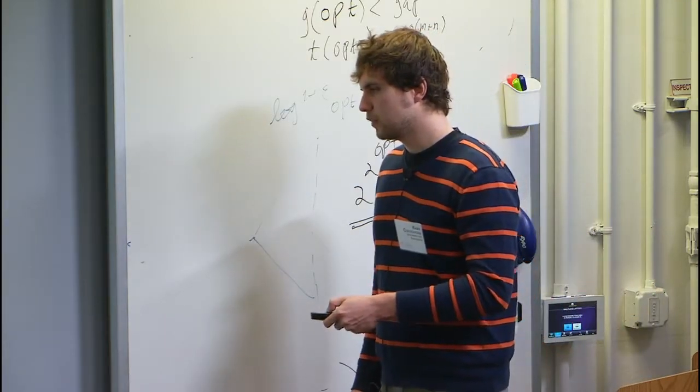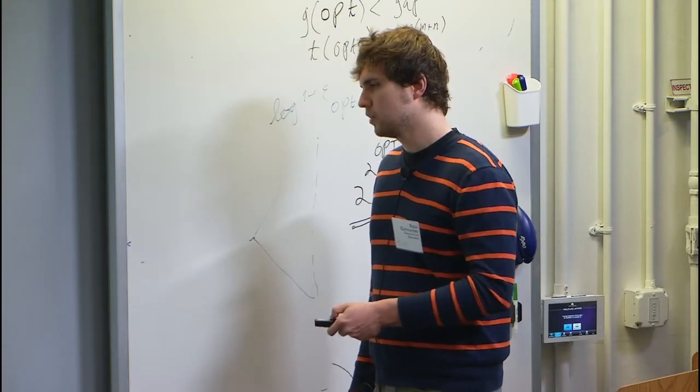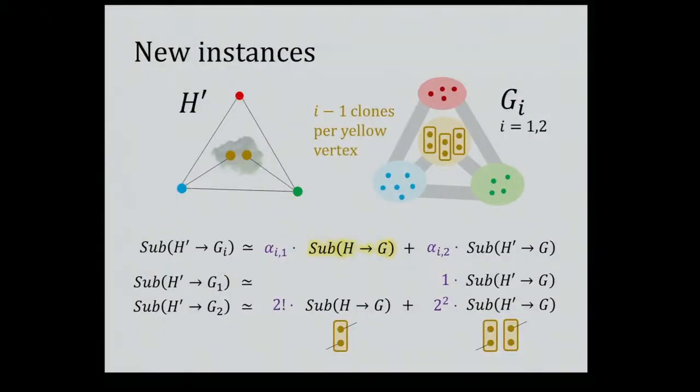And a subgraph copy of H prime in G can be extended in 4 different ways to a copy of H prime in G2. Because in this subgraph copy, you will have two blocks which are hit. And in each of these blocks, you have 2 independent choices. So you end up with 4. In other words, you have got a linear system.